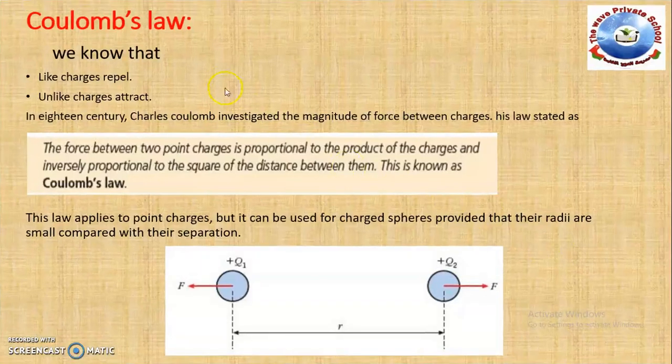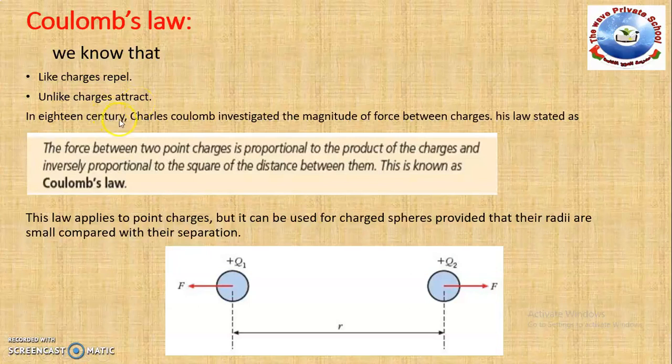Now let's move to Coulomb's law. We know that like charges repel. It means if positive and positive charges are in front of each other, then they always repel, and negative and negative always repel. And unlike charges always attract each other.